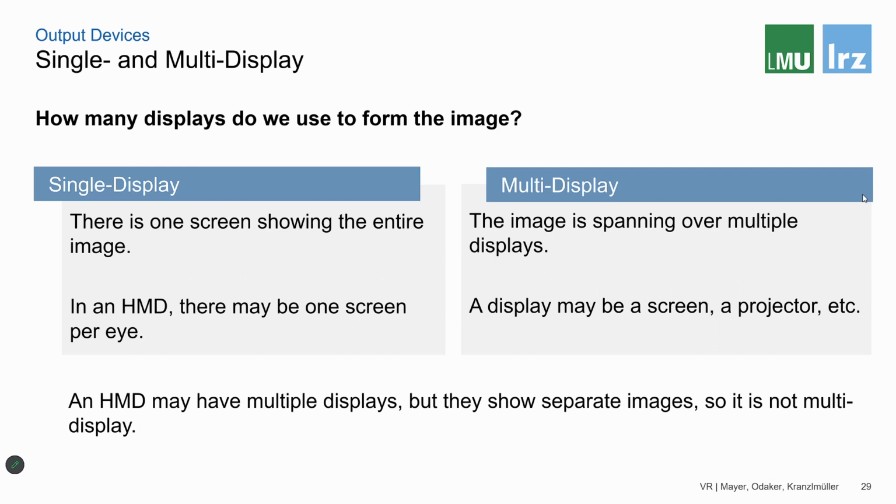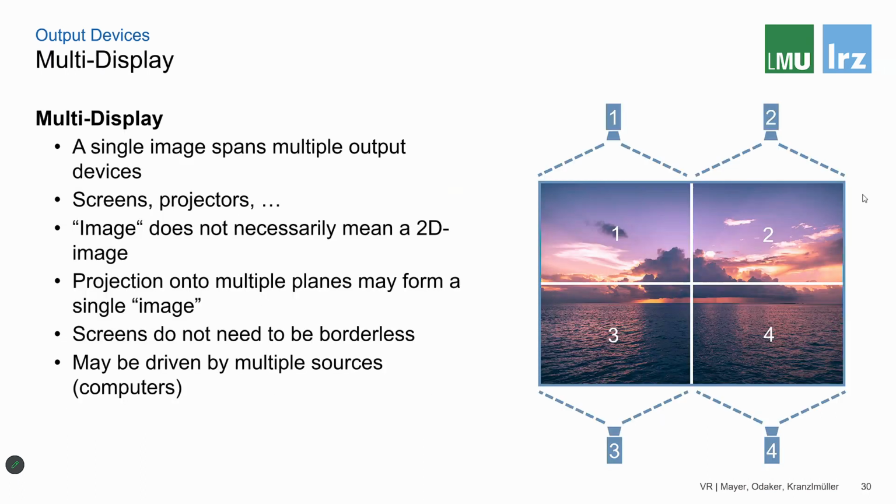So let's give you an example of a multi-display system and how it works. We said that a single image is spanned over multiple output devices. These output devices may be screens, they may be projectors, whatever is used to display an image.